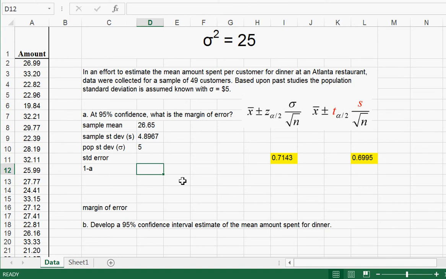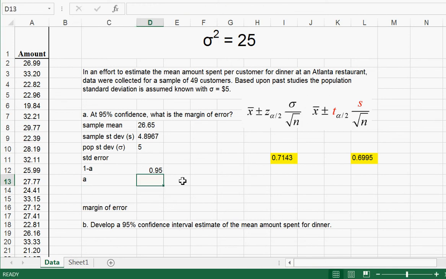Stats is a really difficult concept to teach and learn, right? So this is 0.95. Trevor, if 1 minus alpha equals 0.95, what does alpha equal? 0.05. Yep.